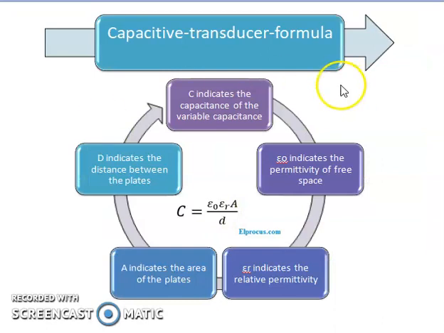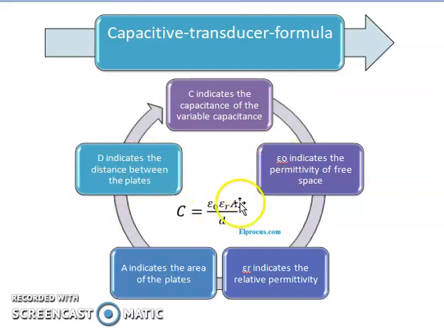The capacitive transducer formula, as we all know, is C equal to epsilon 0 epsilon R into A divided by D, where C is the capacitance and epsilon 0 is the permittivity of free space, and epsilon R indicates the relative permittivity, and A indicates the area of the plates, and D indicates the distance between the plates.